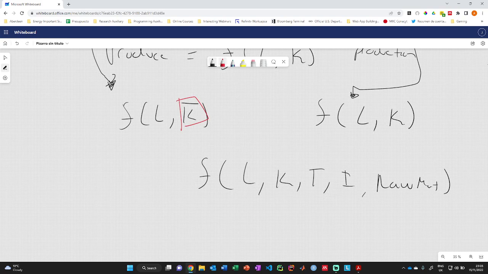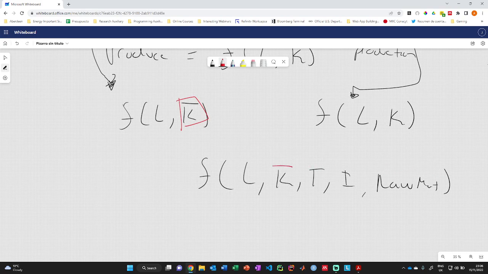We come again to this idea of fixed factors of production or varying factors of production. If any of these factors of production is fixed, then we're in the short run automatically. It doesn't matter that we can vary the others. For example, we have 1, 2, 3, 4, 5 factors of production. It doesn't matter if we have 4 factors of production that are varying.